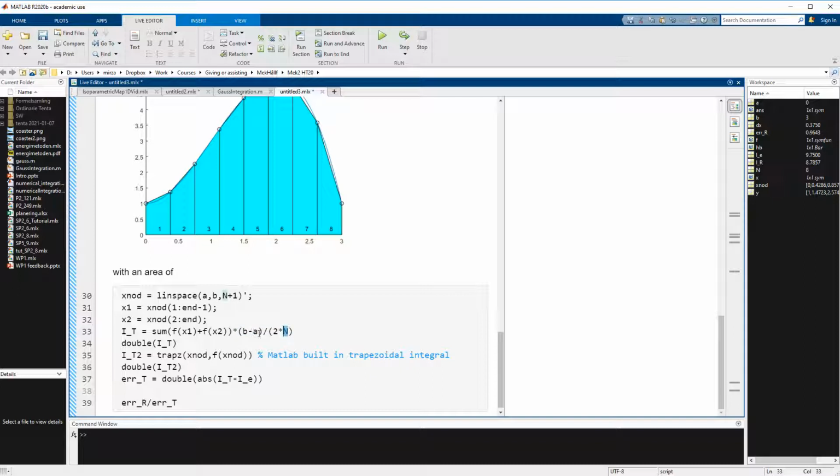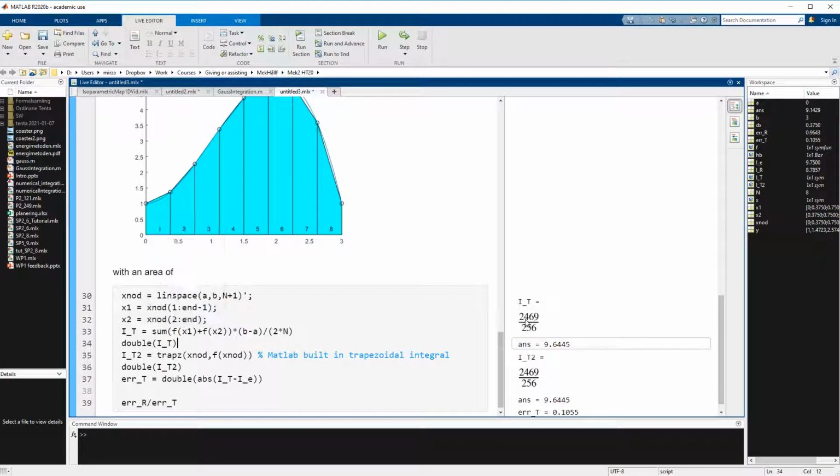So we have b minus a over 2n, and we're summing all of these up. So we're just computing what is this area, what is this area, what is this area, and adding them together like this. And then we are converting this into a double, because our f is a symbolic value, so we'll get a symbolic answer here. So let's take a look at that.